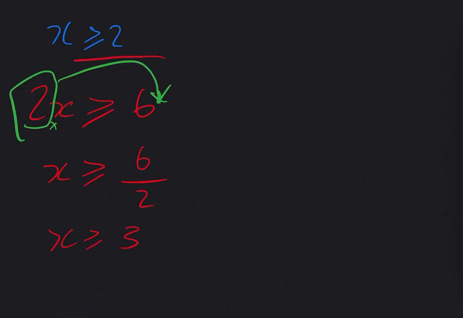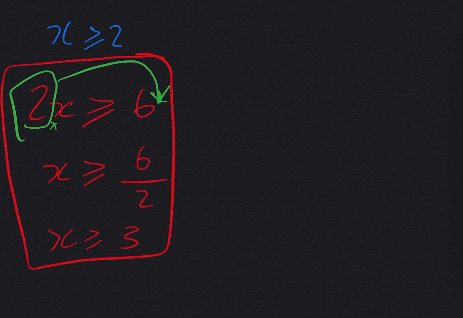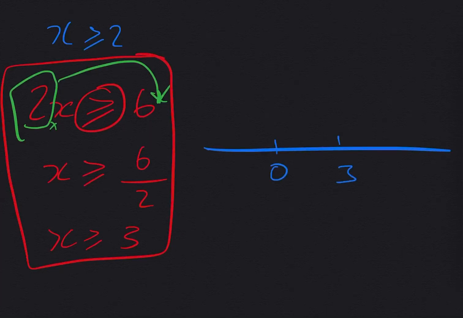This whole process is called solving an inequality. It's like an equation, and it's an inequality because of this symbol, but we're really trying to find out what x value will satisfy this inequality. So we rearrange it, and then we can do a nice graph again with 0, 3, 6, and because of this symbol here, we're going to do a closed dot at 3.